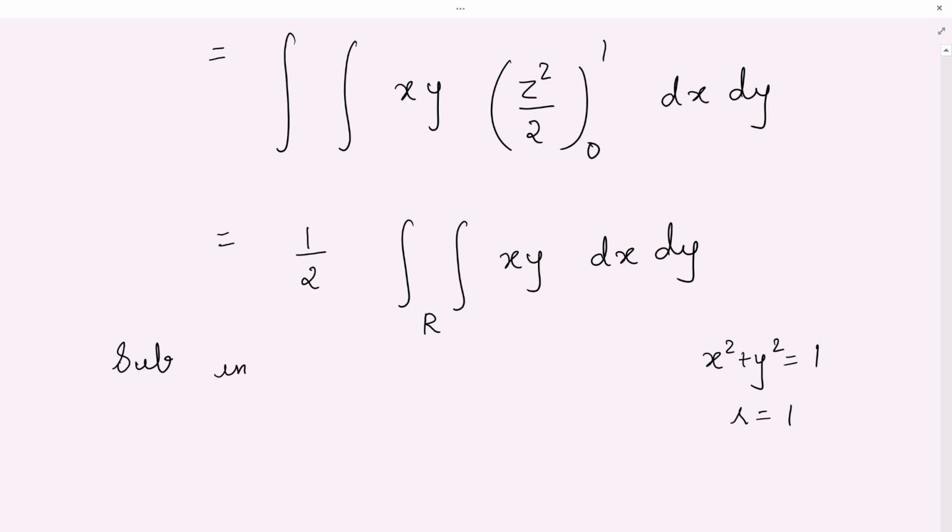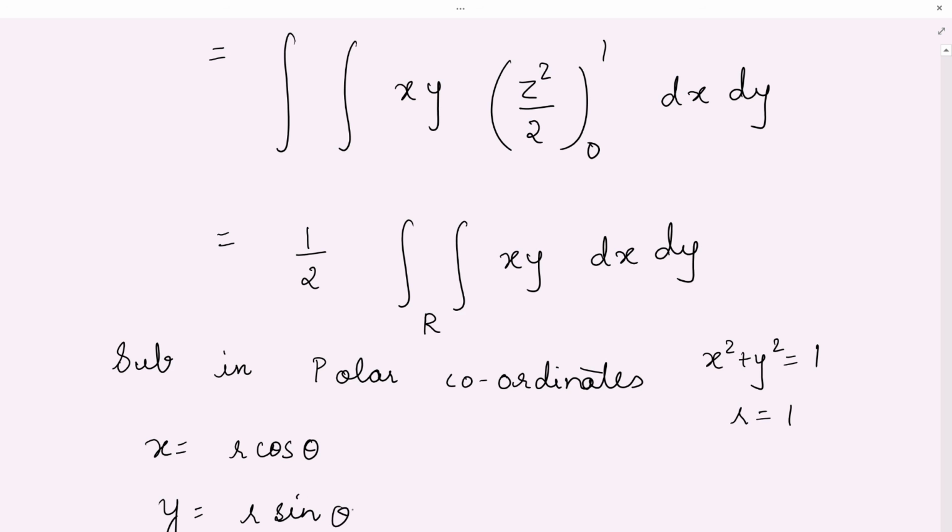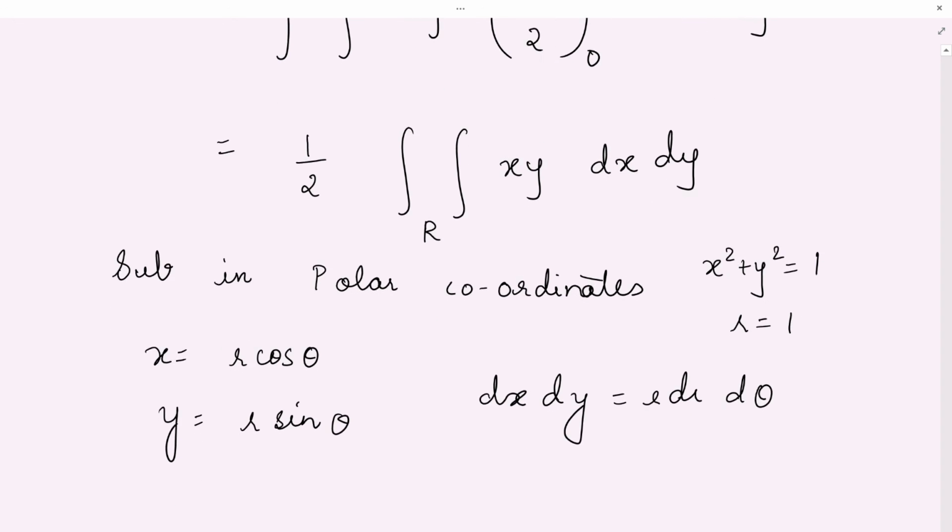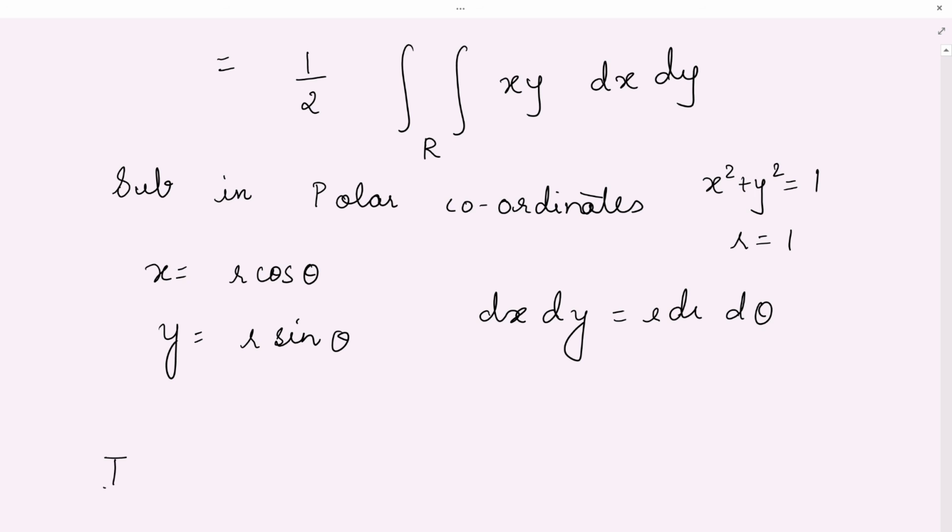So substituting in polar coordinates, x = r cos theta, y = r sin theta, my dx dy is r dr d theta, and the limits of r will be 0 to 1, and since it is a positive quadrant of a circle, theta will be 0 to pi by 2.